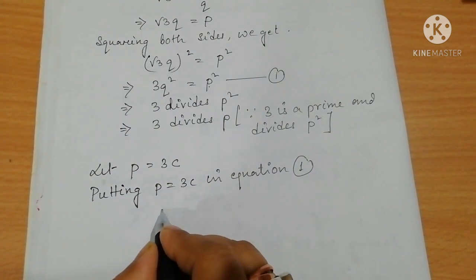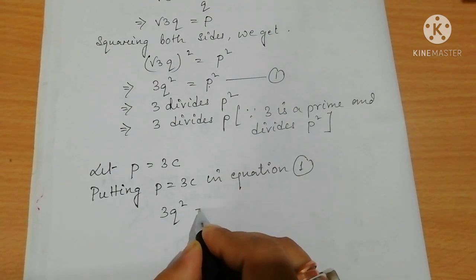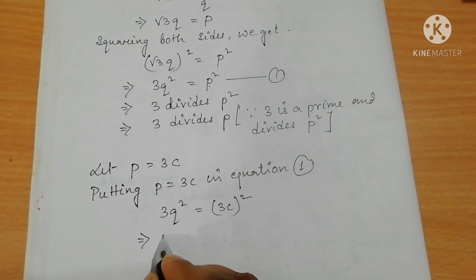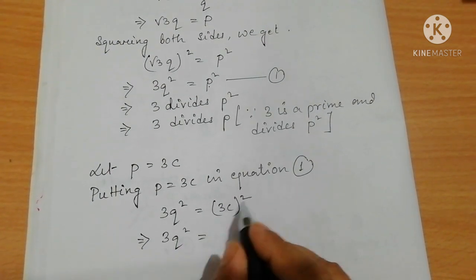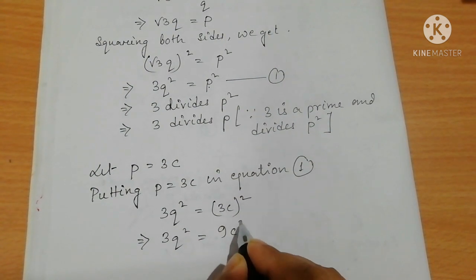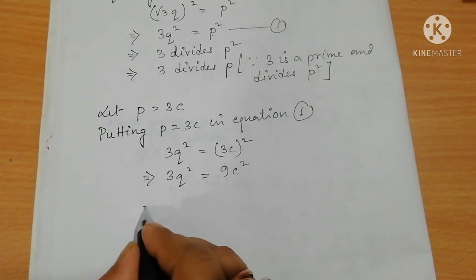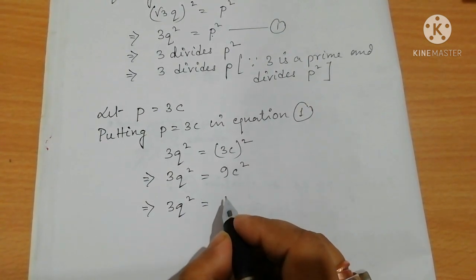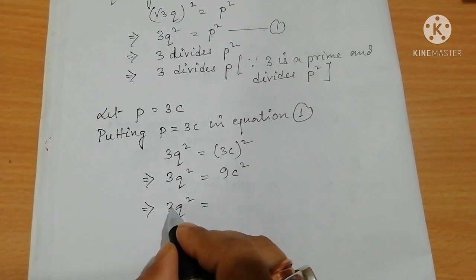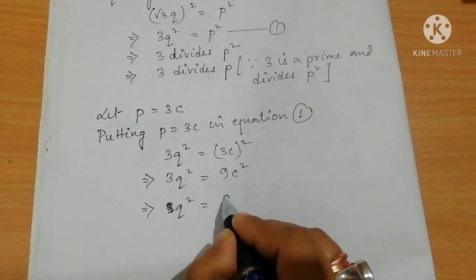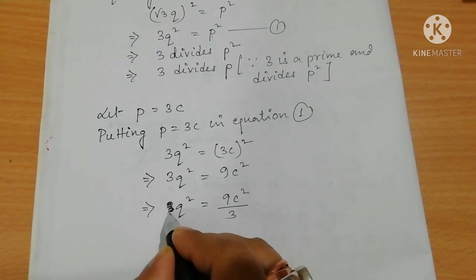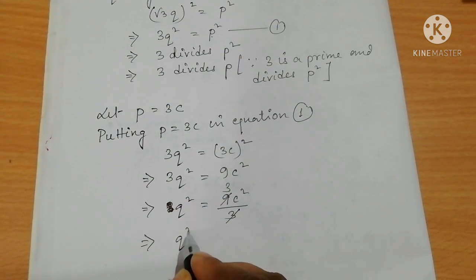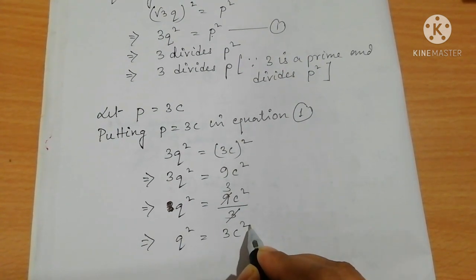We can write 3Q square equal to 3C whole square. 3Q square equal to 3 square, which gives us 9C square. 3 we can take to the other side, so 9C square divided by 3.